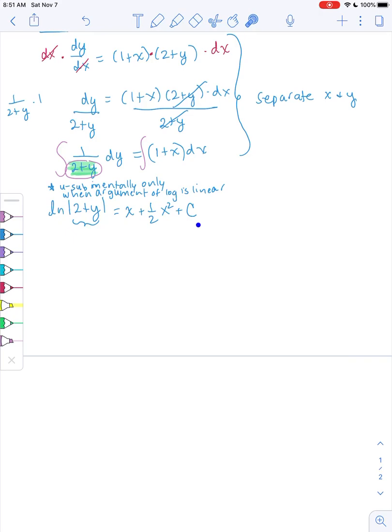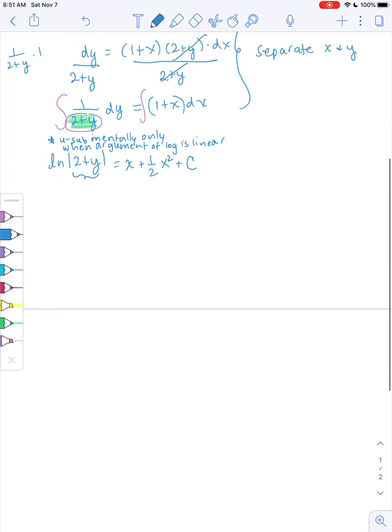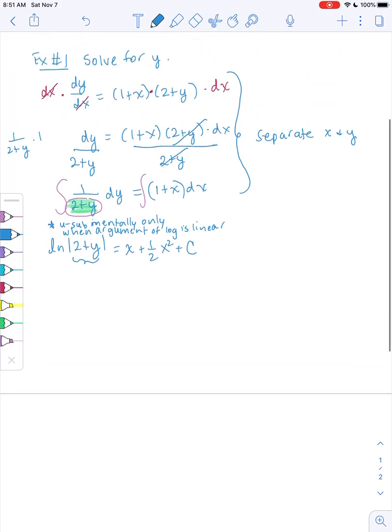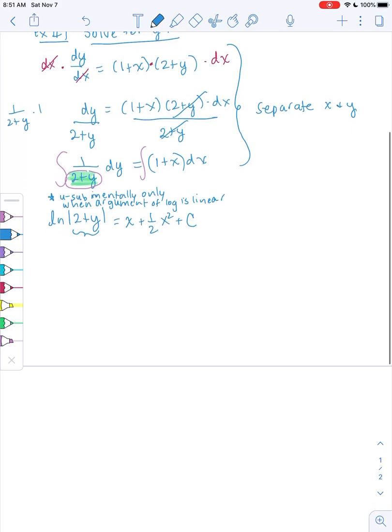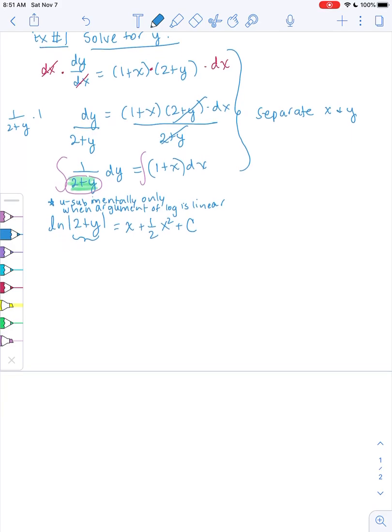So rather than writing it on both sides, we usually keep it on the side of the independent variable, in this case, x. So in this problem, the goal was to solve for y at the very beginning. That was our goal.